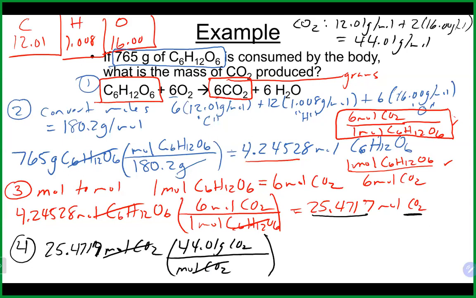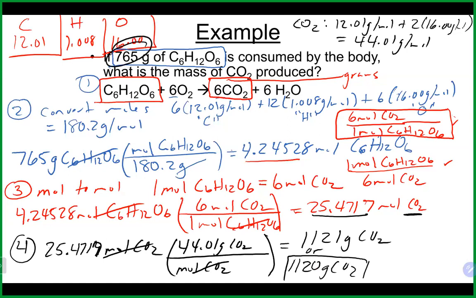And we will end up with about 1,121 grams of CO2, or I guess if you want to do a little correct significant figure, I'm going to try to do it right this time, 1120 grams of CO2, and that would be based off of, we did have 3 sig figs there. Or you could do scientific notation if you wanted to, 1.12 times 10 to the 3, I believe. Yeah. Question on any of those steps?